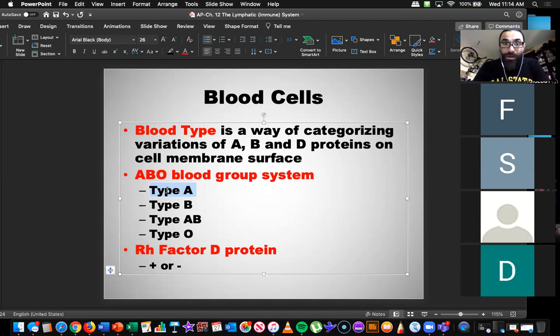Let's say, for example, in the future, Scarlett, you were to have a child, okay? And the blood type of the father is different than yours. Let's say that person's blood type is type B. There's a couple of things that could happen here, okay?